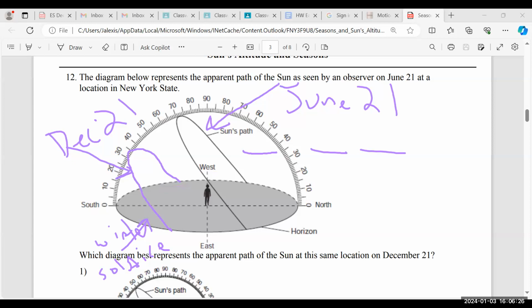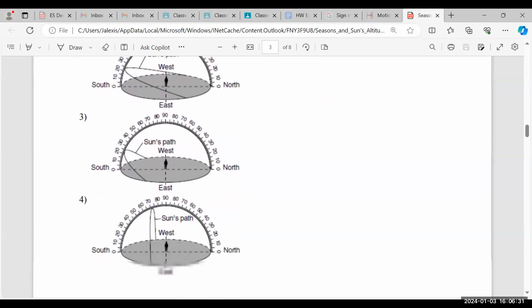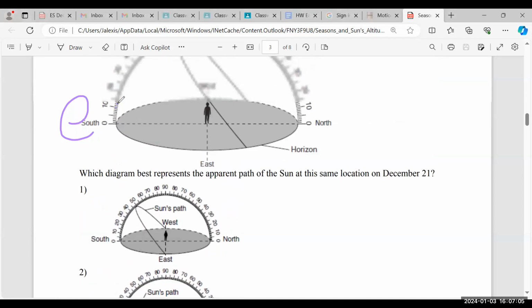So when I take a look, the one that shows that is choice 3. Now it would have been choice 4, but only if the location was at the equator.